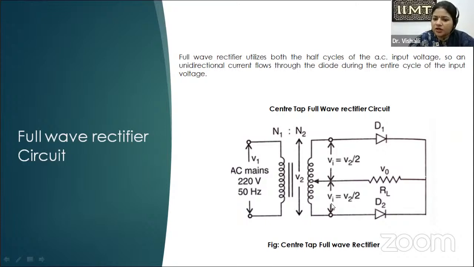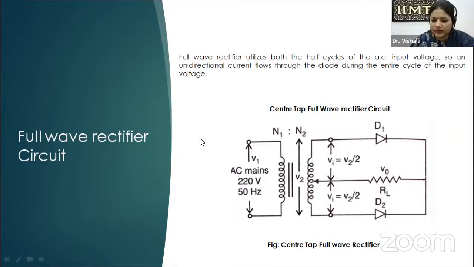Similarly, in the lower circuit the input voltage is also halved. So V2 is divided into two parts because of the center tap arrangement, and this is the load resistance across which the output is obtained. This is the circuit of the center tap full wave rectifier.